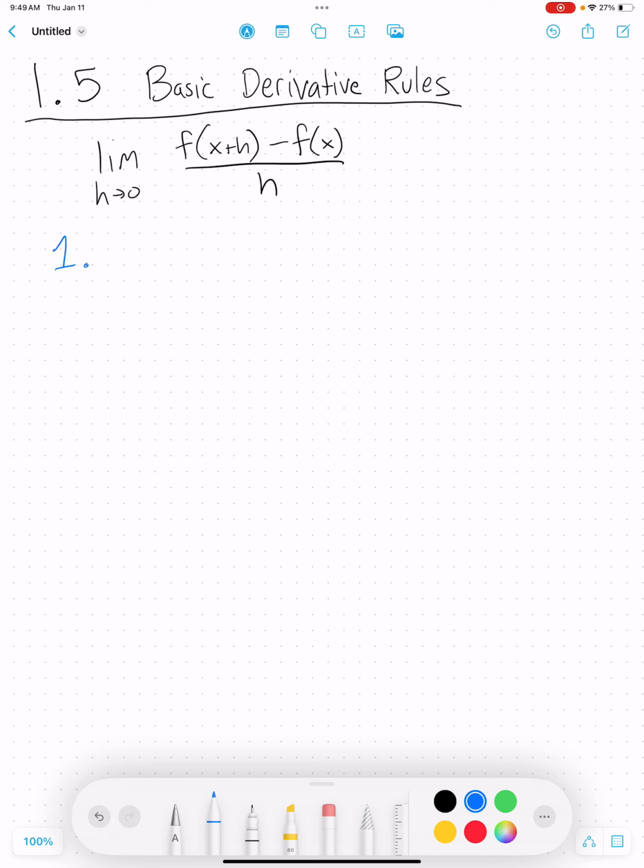our first important basic derivative rule is called the additive property of derivatives. Okay? And I'm going to put in parentheses subtractive, because this also applies with subtraction. Okay? And that is, if you are taking the derivative of two functions that are being added or subtracted, I'll go ahead and put this plus or minus.